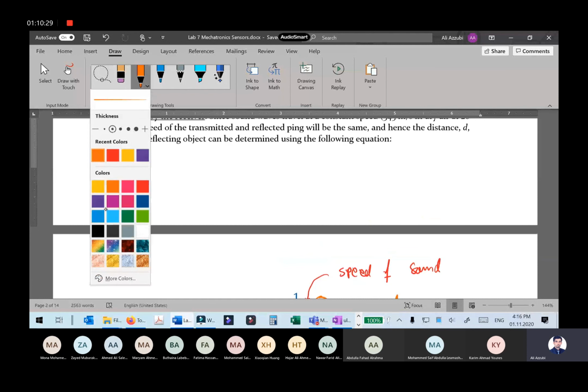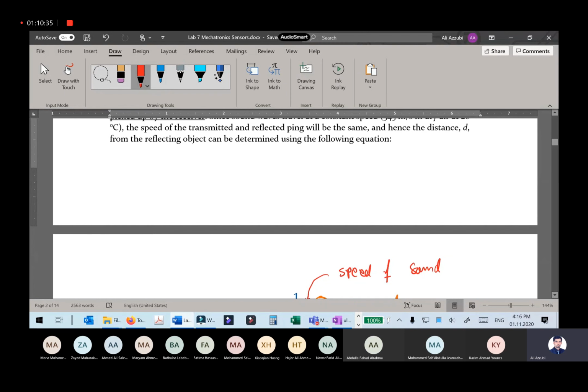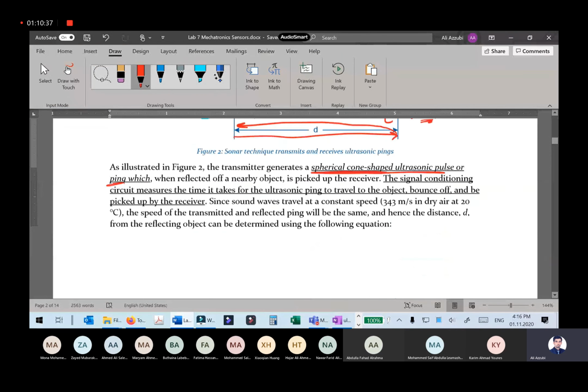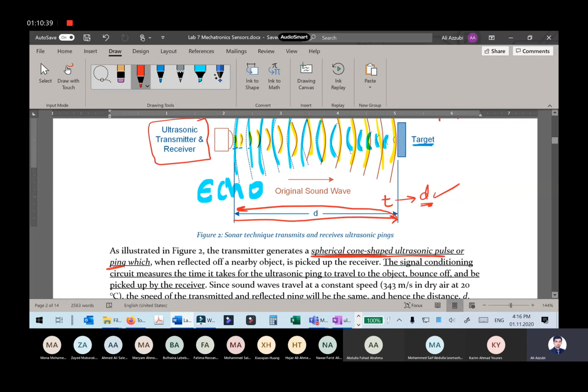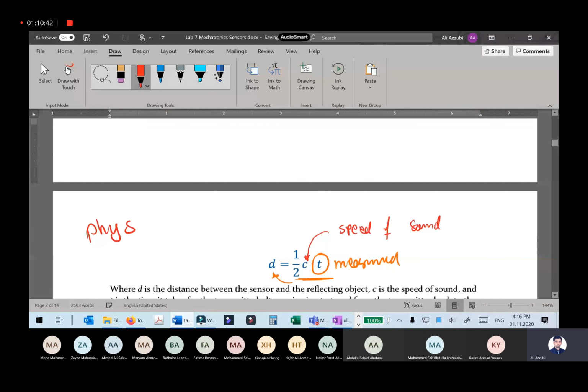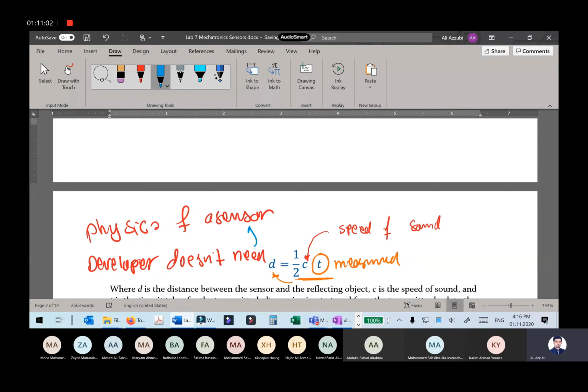Now, me as an engineer or as a developer, I'm not really interested in the physics of the sensor. It's good to understand the physics of a sensor, but as a developer, you don't really need to go deep into the physics of the sensor.